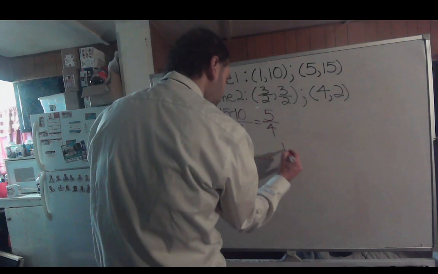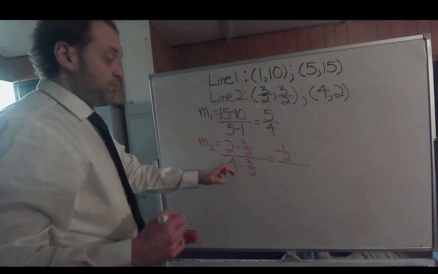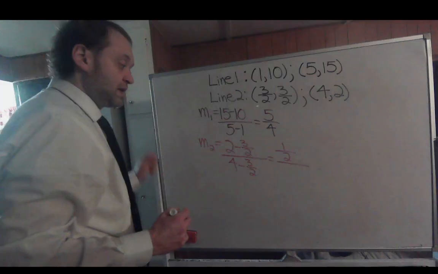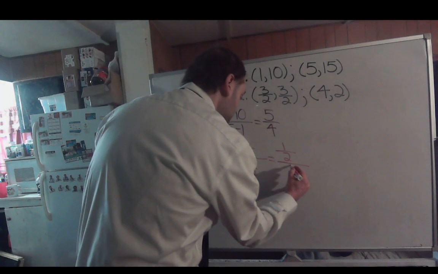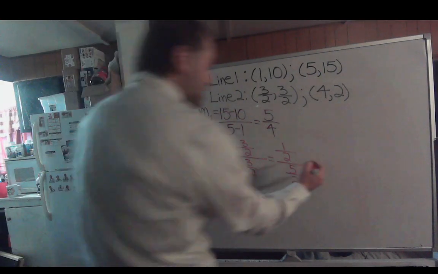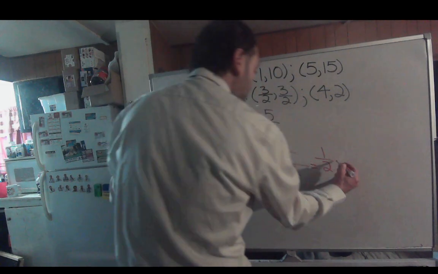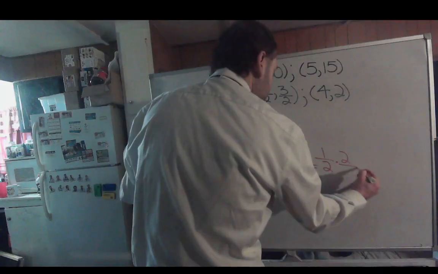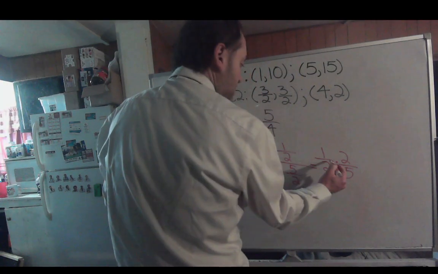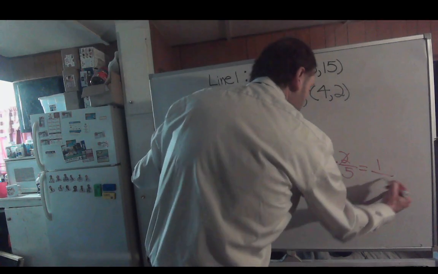That'd be 1/2. So you'd have 1/2 over 4 minus 3/2. That'd be 5/2. So you have 1/2 over 5/2. So when you have a complex fraction, you invert and multiply. So it'd be 1/2 times 2/5, which 2's would cancel out. The slope of line 2 is 1/5.